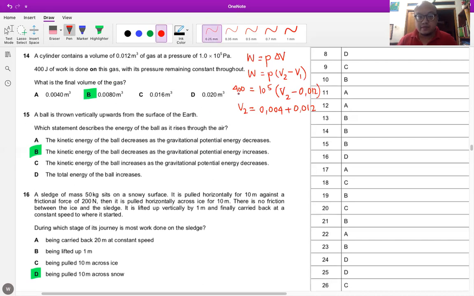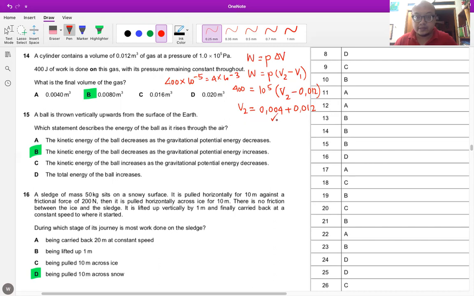This is 400 divided by 10 power 5, equals 400 times 10 power minus 5. 4 times 10 to the minus 3, 0.004.